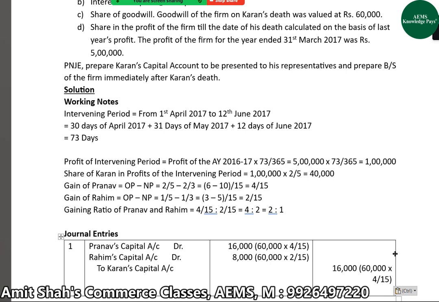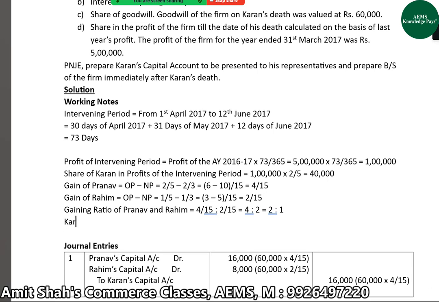And same way we will do it for Karan. Karan's sacrifice is Karan's profit share, that is 2/5. So that is 12 into 2, 24,000.